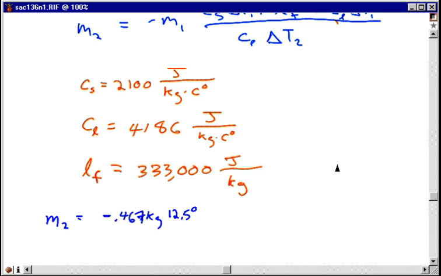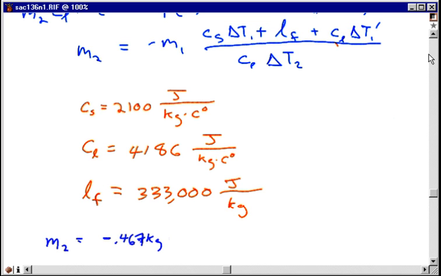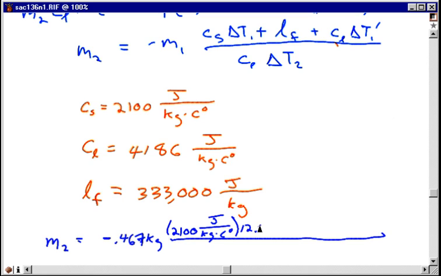So I'm going to erase that, and then go back up here. I got the M1 out front. I want this big fraction. Copy down the Cs, 2100 joules per kilogram Celsius degree. And now that temperature change, I was so anxious to put down the 12.5 Celsius degrees as delta T1.